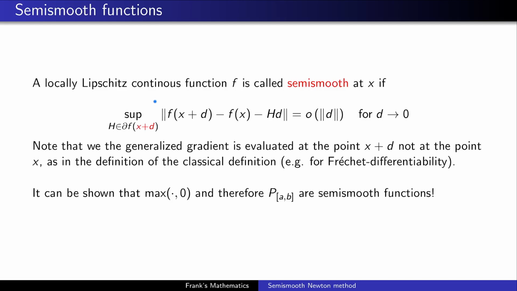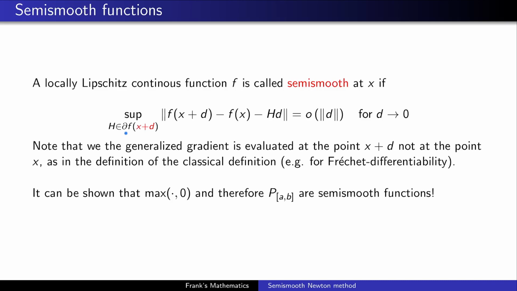However, since the generalized gradient is a set, we have to modify the limit here. In the classical definition, we have a limit here. However, we cannot formulate this with a limit. We need a supremum because the generalized gradient here is a set.